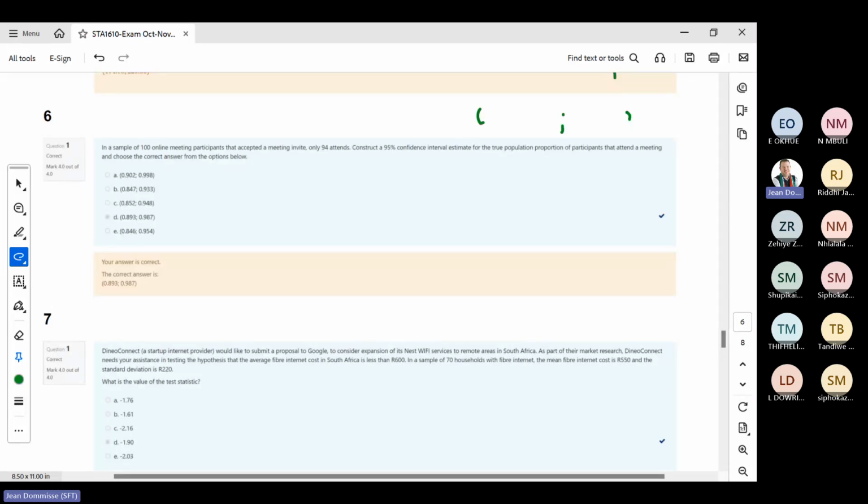Proportion, where they talk about the population proportion. So again, proportion is always Z. 95% Z is always 1,96. Okay, the 90% is always 1,645.